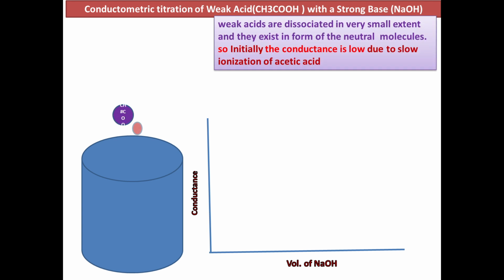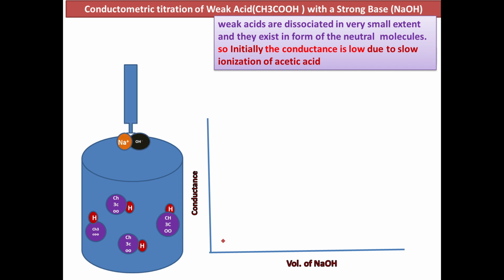When you add a weak acid, for example CH3COOH, into the water, because acetic acid is a weak acid, it does not ionize much into the water, and due to the low number of ions present in water, conductance is also very low. So initially conductance is very low due to low ionization of acetic acid.